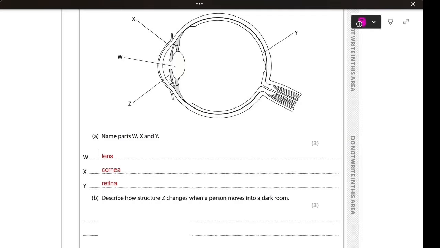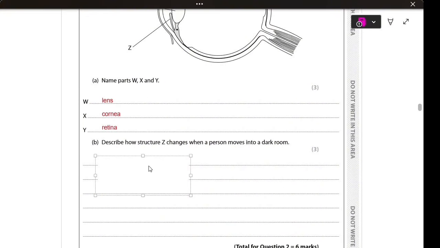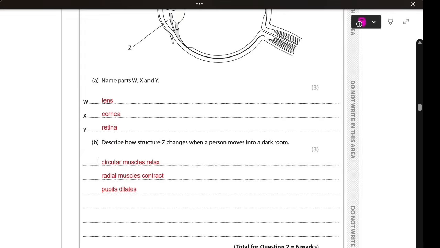So when a person moves into a dark room, the circular muscle relaxes and the radial muscle contracts so that the pupil dilates. So more light can enter their eye to enable them to see in the dark. That is our answer: circular muscle relaxes and radial muscle contracts to dilate the pupil.